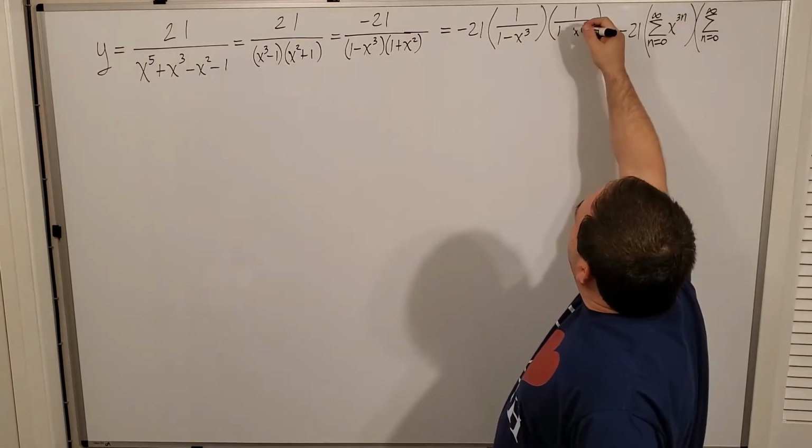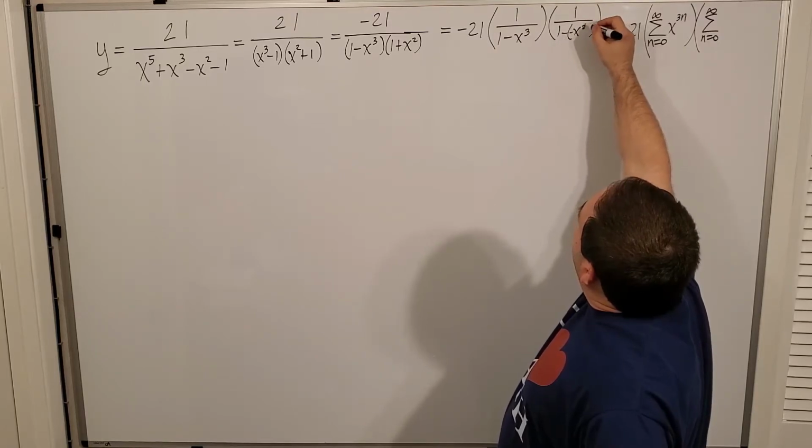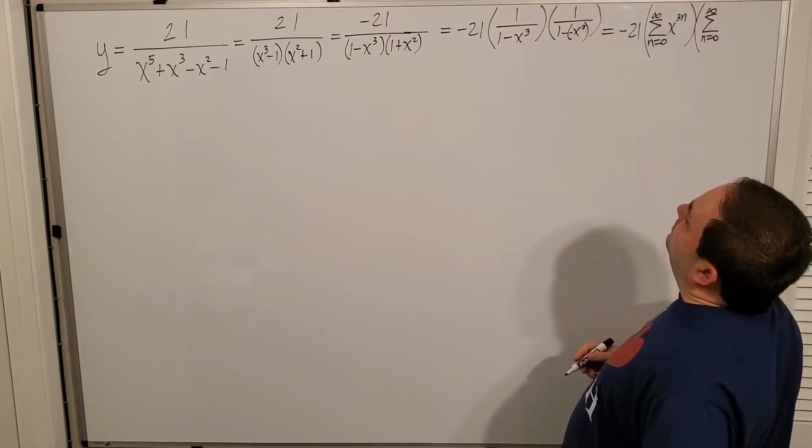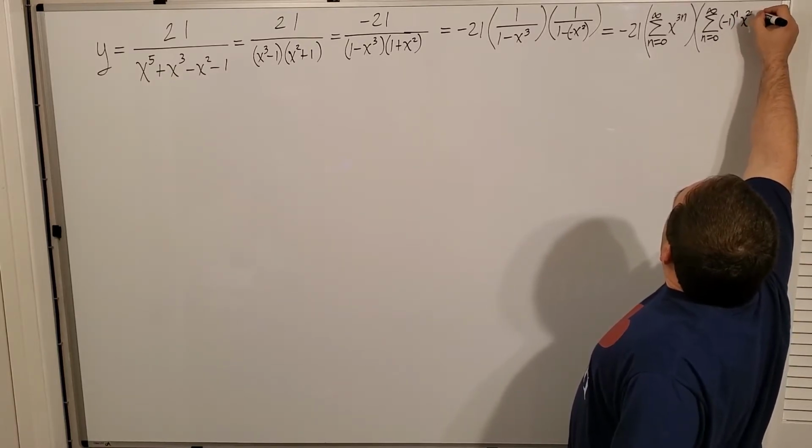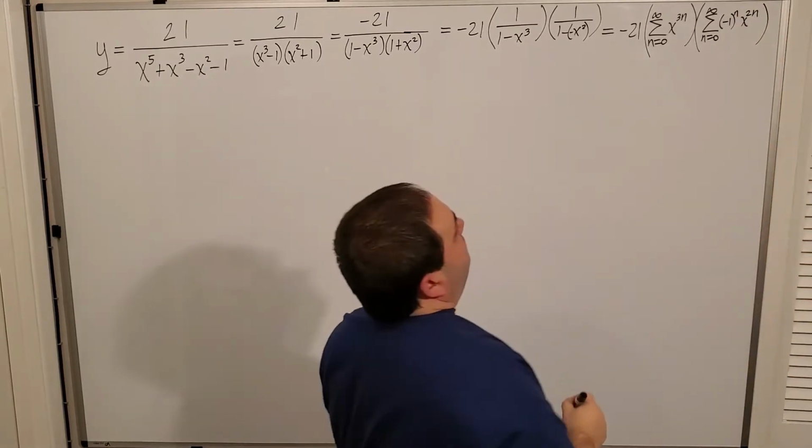I'm going to have to make this minus negative x squared. So I'm going to have negative 1 to the n, x to the 2n for that one.